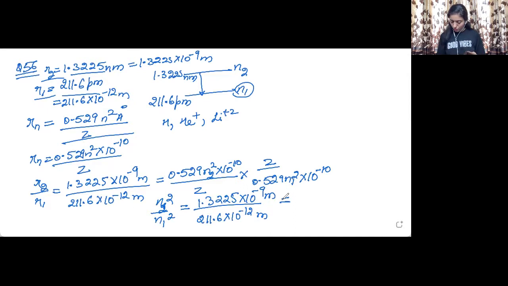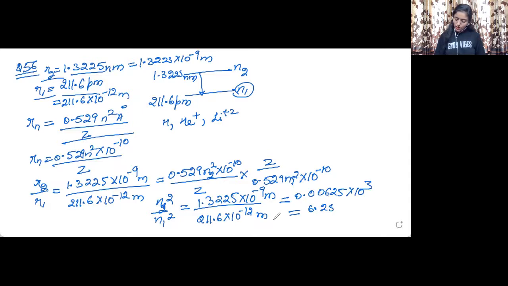So this will come out to be equal to 1.3225 divided by 211.6, which is equal to 0.00625 into 10 raised to the power 3. So it will become 6.25.